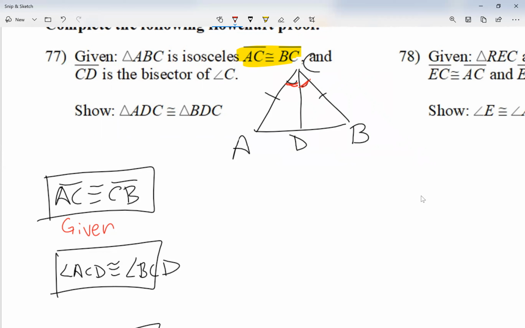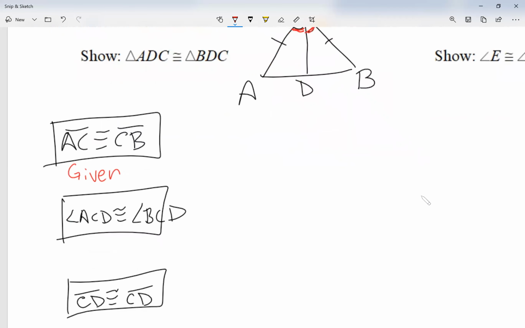However, I was able to mark it earlier because I said the CD was the bisector of angle C. So I'm going to call this definition of angle bisector.